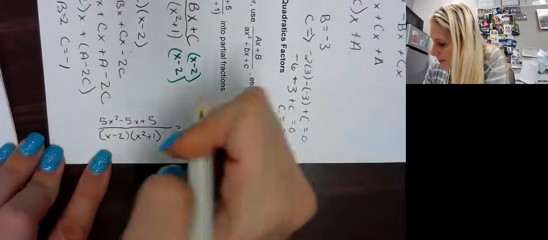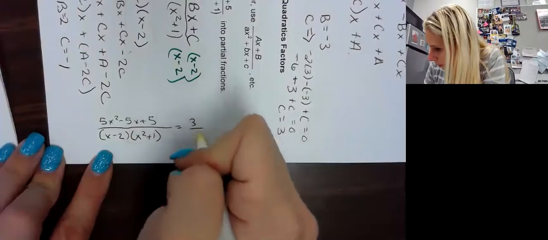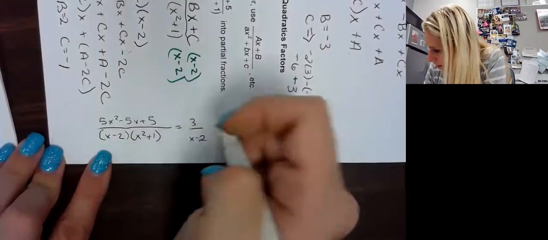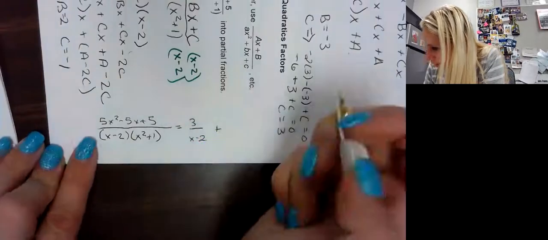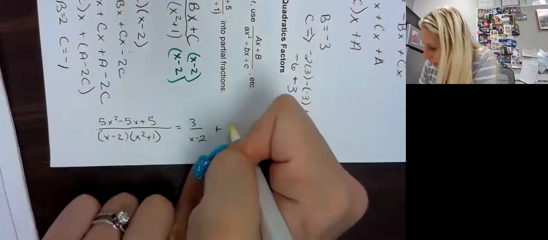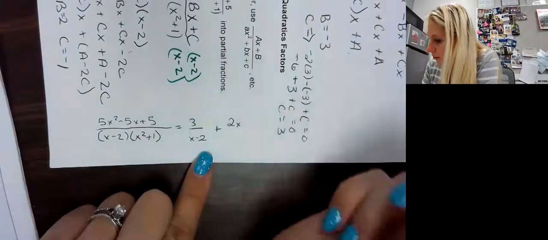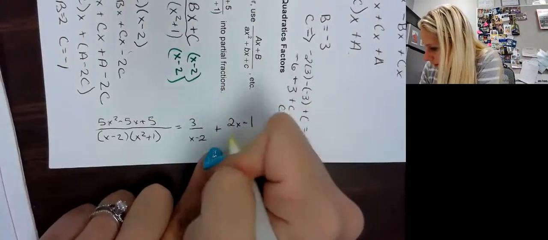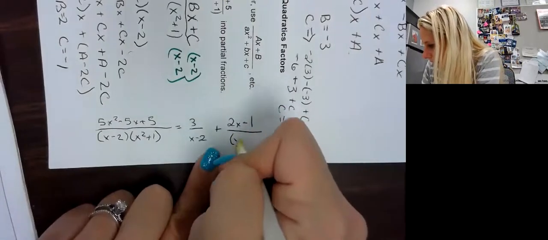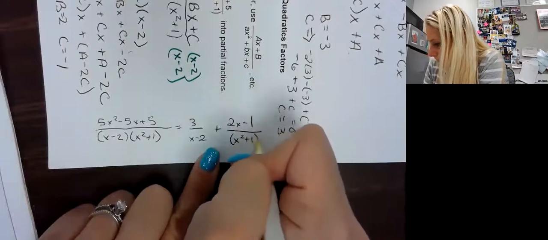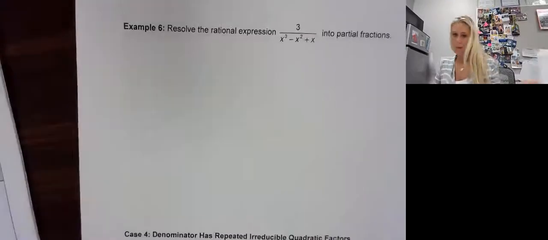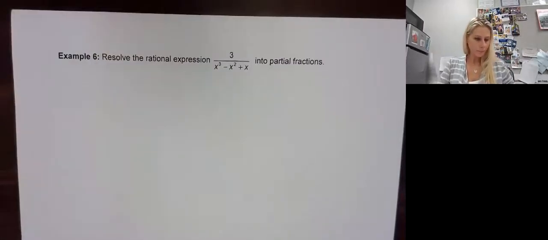All right, what that is, our a value is 3 all over the x minus 2 plus, now be careful, it should be bx, so 2x plus c, so negative 1, and that is all over the x squared plus 1. Okay, so that is case number 3. Oh, there's a lot here, huh, guys? All right, so let's see if we can break this down more.